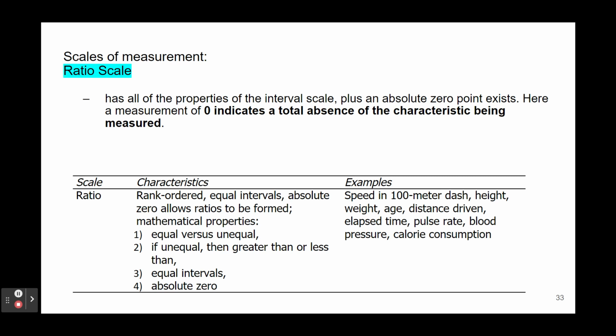Interval scale. If you process numbers from the physical domain, which is speed, height, weight, right? That is likely to be what? Ratio scale. Why? In the physical domain, there is a zero. Interval scale, we artificially create that zero point.